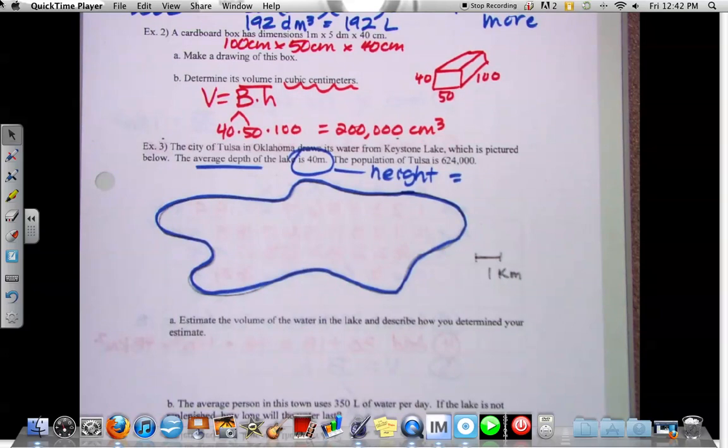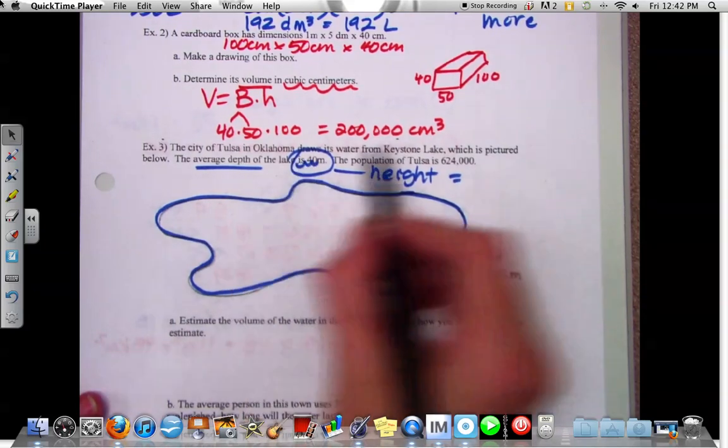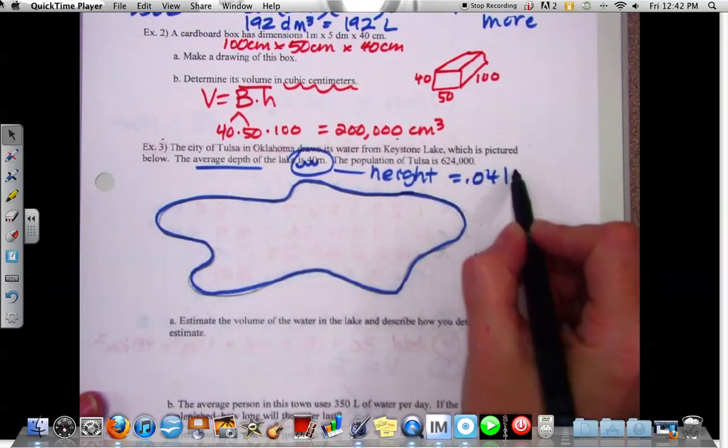We were given it in meters, right? Yeah. And we're moving how many? 3. So we move it 1, 2, 3. 0.04 kilometers.